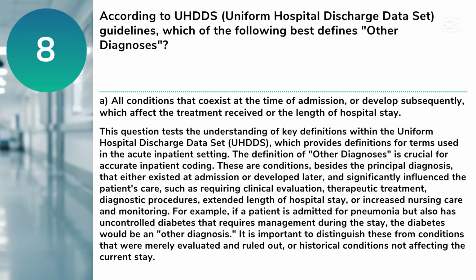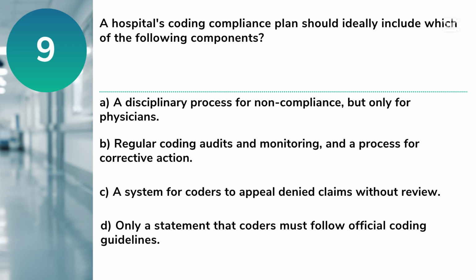These are conditions, besides the principal diagnosis, that either existed at admission or developed later, and significantly influenced the patient's care, such as requiring clinical evaluation, therapeutic treatment, diagnostic procedures, extended length of hospital stay, or increased nursing care and monitoring. For example, if a patient is admitted for pneumonia but also has uncontrolled diabetes that requires management during the stay, the diabetes would be an other diagnosis. It is important to distinguish these from conditions that were merely evaluated and ruled out, or historical conditions not affecting the current stay.